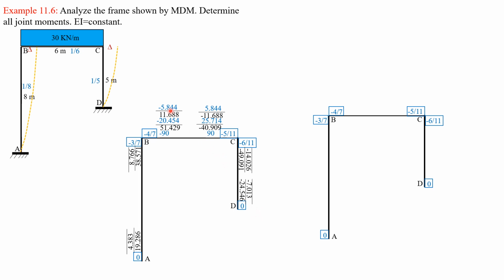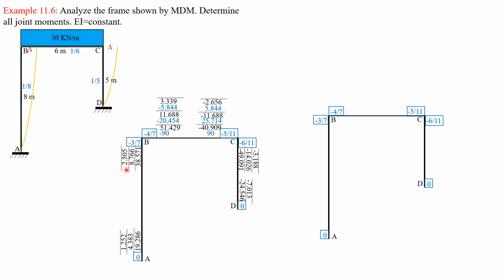Then negative 5.844 times negative 4 over 7 is 3.339, lock partially. Negative 5.844 times negative 3 over 7, 2.505, lock partially. Then 5.844 times negative 5 over 11, negative 2.656, lock partially. 5.844 times negative 6 over 11, negative 3.188, lock partially.